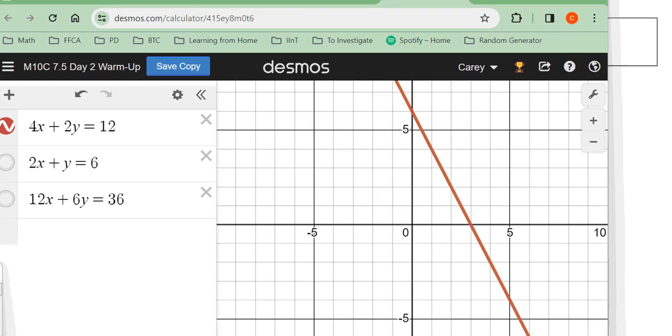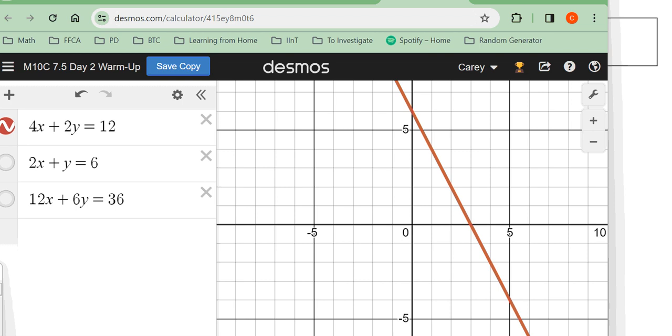Okay, if I turn on my second equation, you'll see my green line overlaps exactly with my red line. So the 2x plus y equals 6 is exactly the same line as 4x plus 2y equals 12. And we'll see the same thing for 12x plus 6y equals 36. All three of those lines overlap exactly.